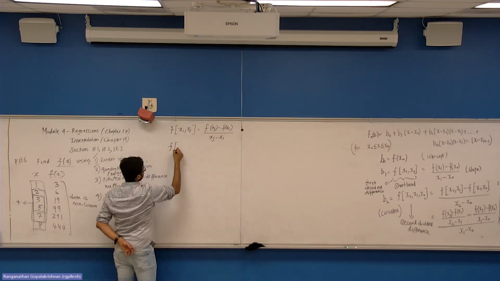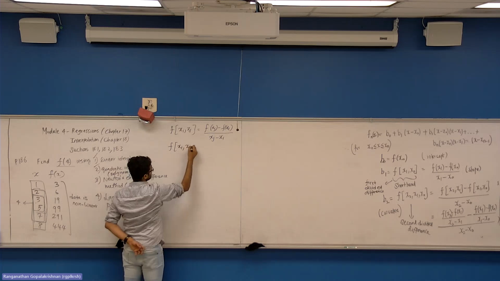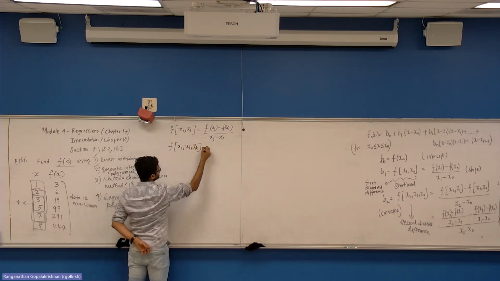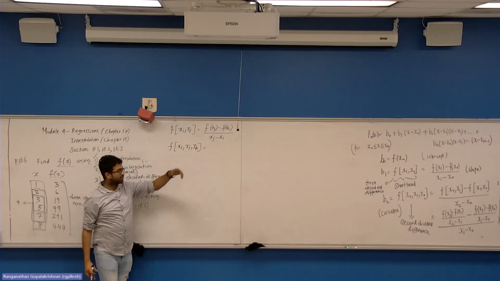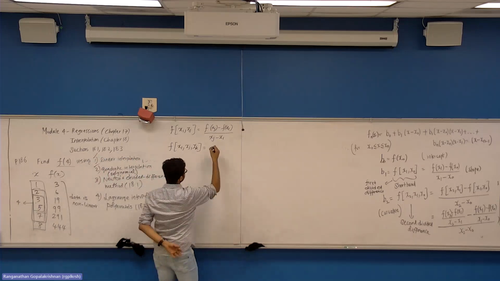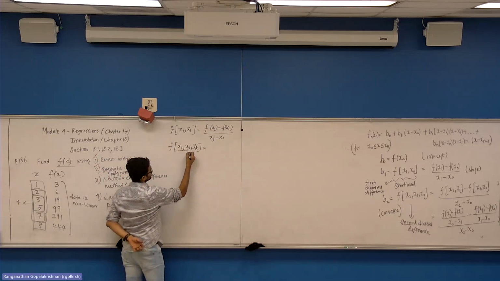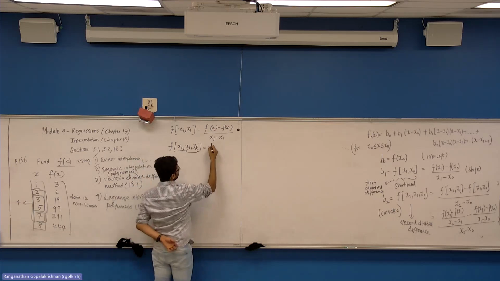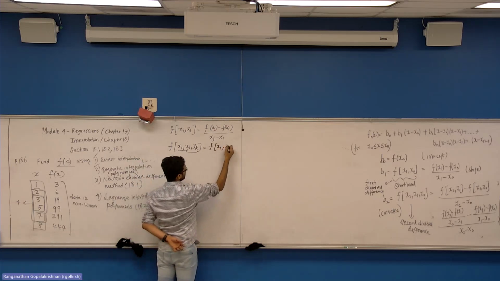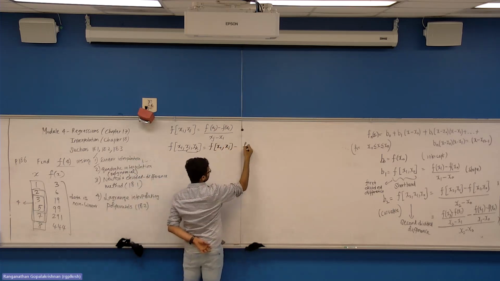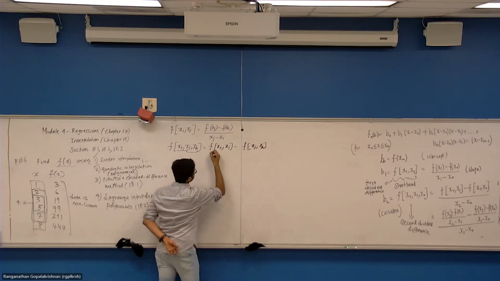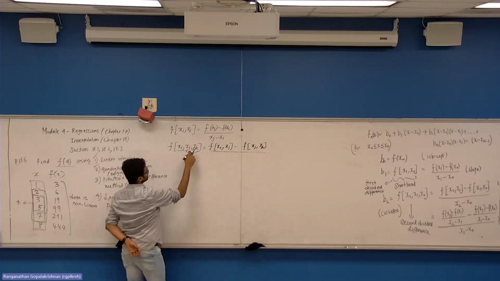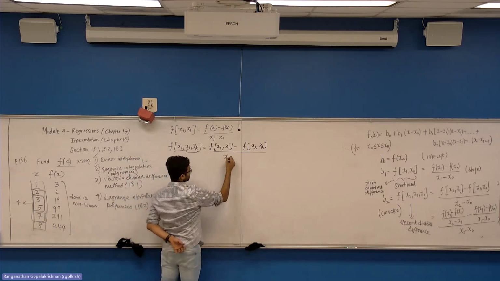And when we write f of xi, xj, xk, so you don't have to remember the entire formula, first you split it pairwise: f of xi, xj minus f of xj, xk divided by the extremities xk minus xi.